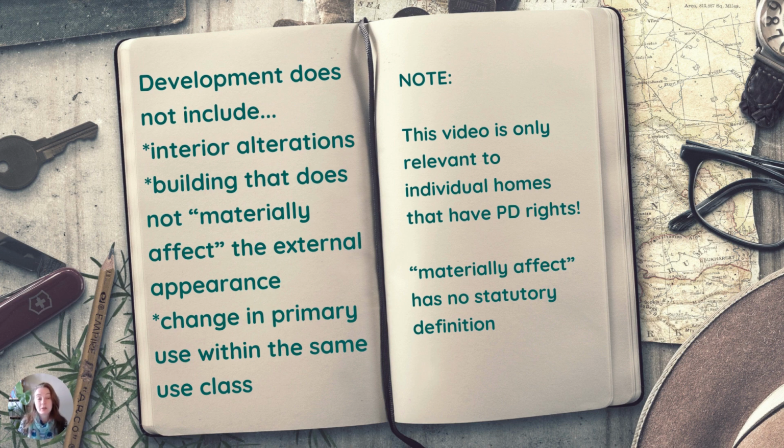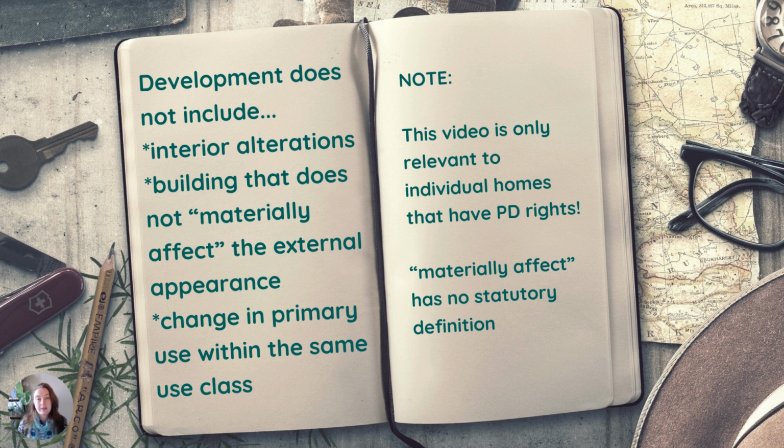So internal alterations, although they may not be relevant from a planning perspective, can still be relevant for other things. Also for party wall, if, for example, you were removing a chimney breast inside, and that's on the party wall, then that is a structural alteration to a party wall, and it could affect it, and you do need to deal with the Party Wall Act and follow the procedures for that.